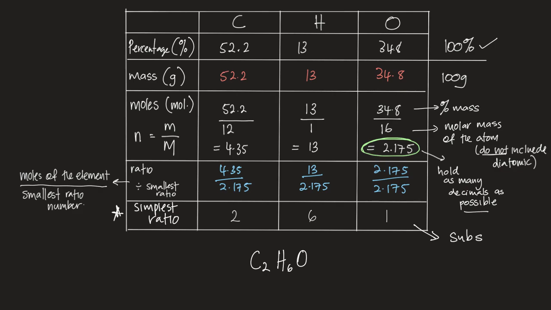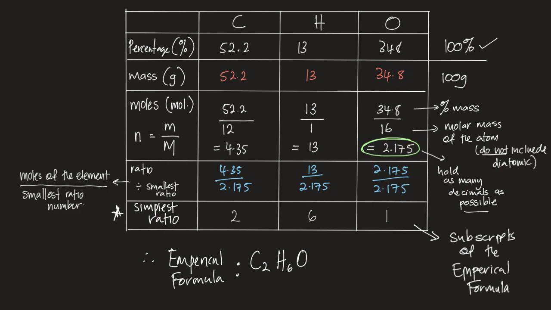They become the subscripts of the empirical formula. Okay, so therefore, the empirical formula for carbon, hydrogen, and oxygen is C2H6O.